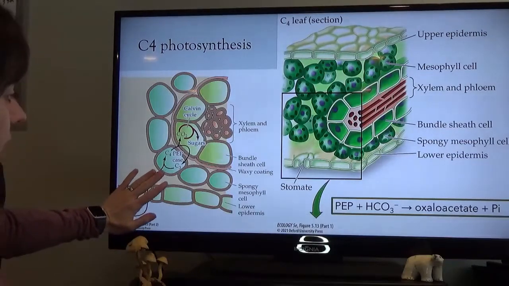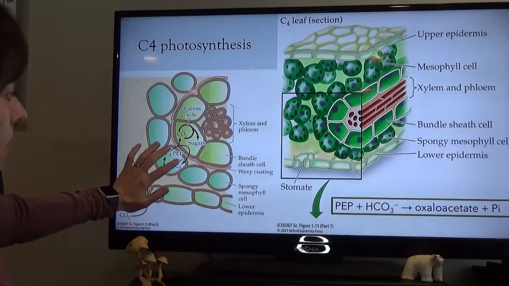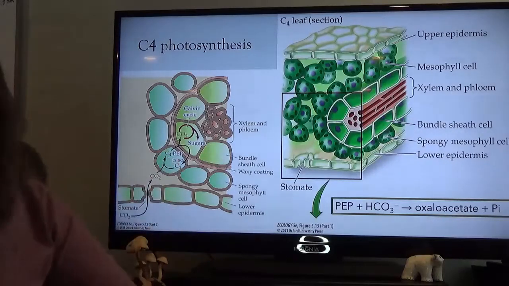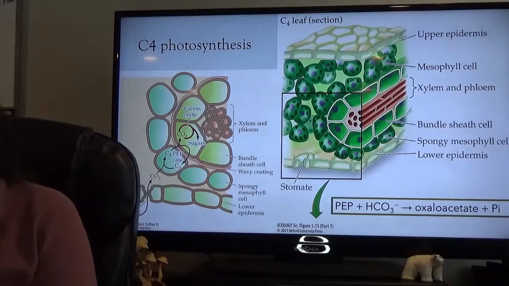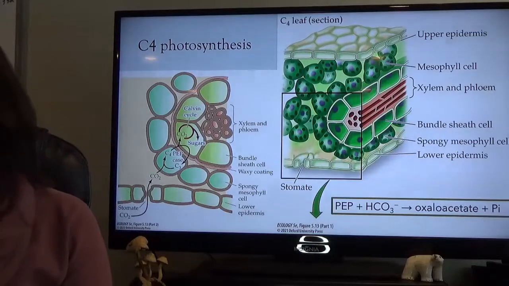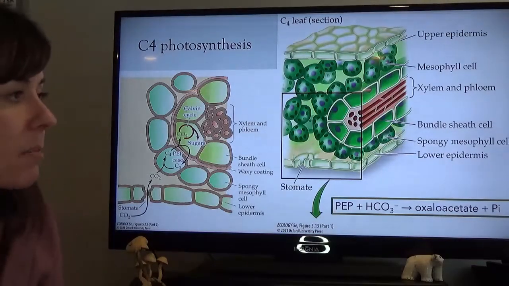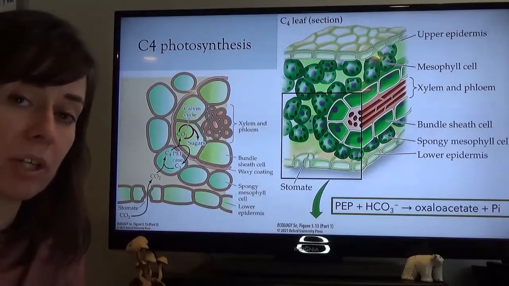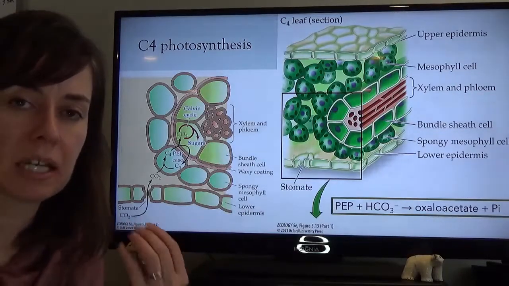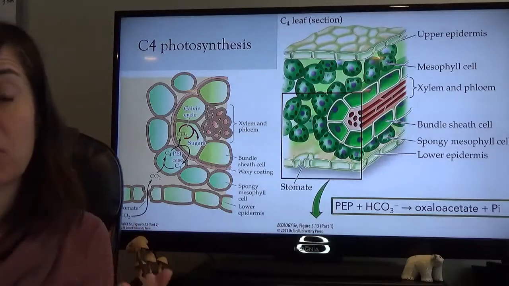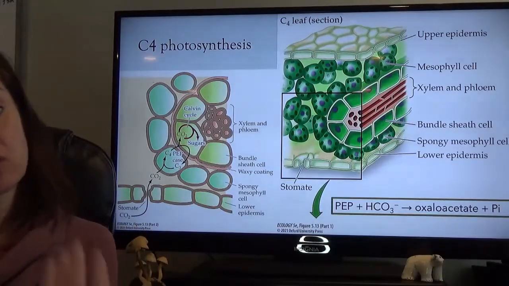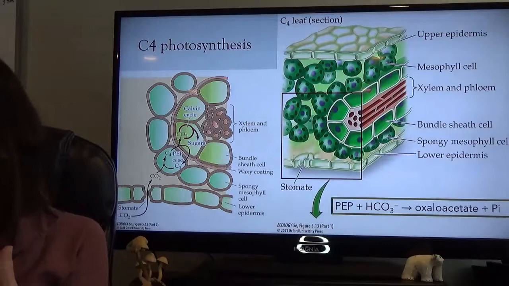That carbon dioxide is fixed by PEP carboxylase, phosphoenolpyruvate carboxylase. This enzyme is specific to carbon dioxide, so it avoids the mistakes that rubisco makes in sometimes taking up oxygen, sometimes taking up carbon dioxide.